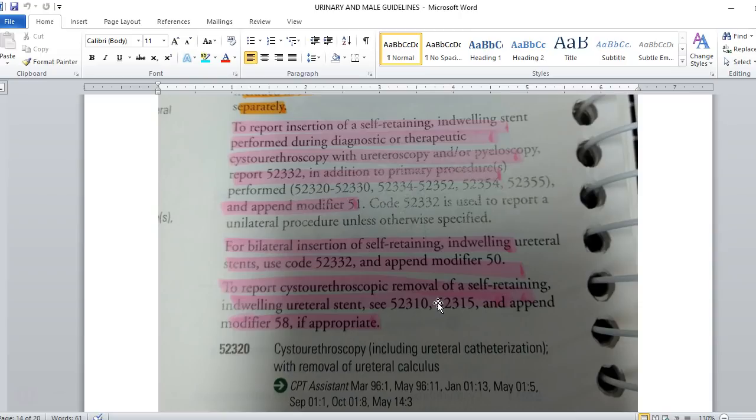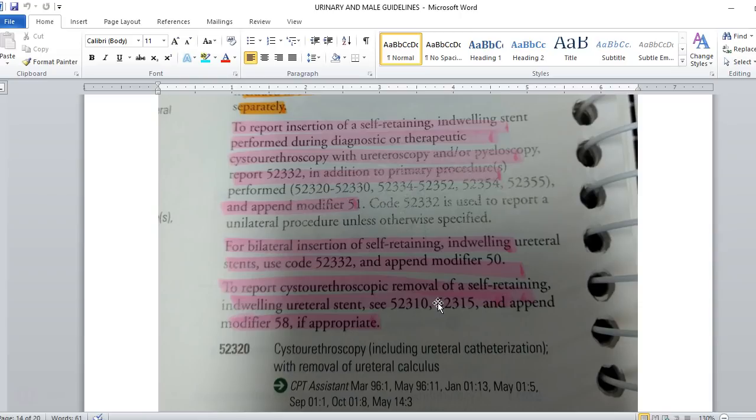Remember, the prostate is a donut-shaped gland that sits underneath the bladder but around the urethra, which is why we can go through the urethra to get to it. So keep that in mind. Transurethral surgery will come from the urinary system. Open procedures or laparoscopic procedures will come from male genital.